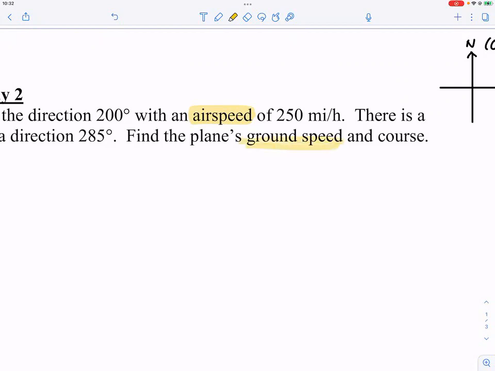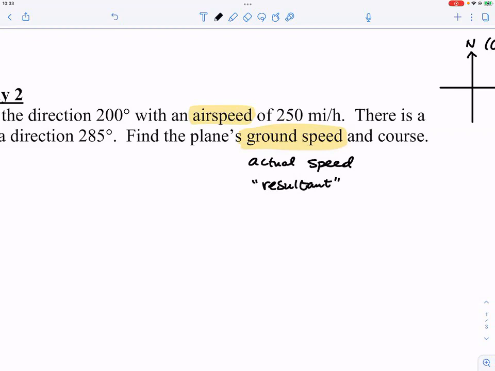So when we say the ground speed, that is the actual speed of traveling. That's the actual speed, okay? And that's also the resultant, okay? That is the combination of the airplane's original speed and the wind speed together, okay?